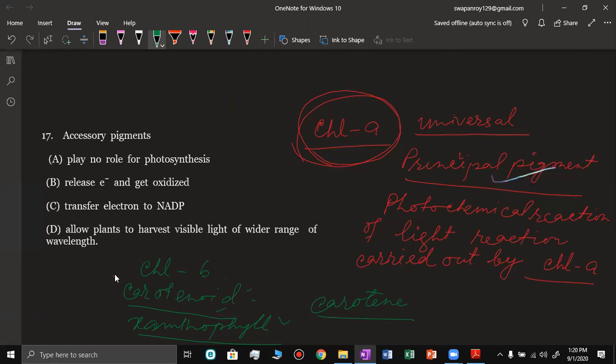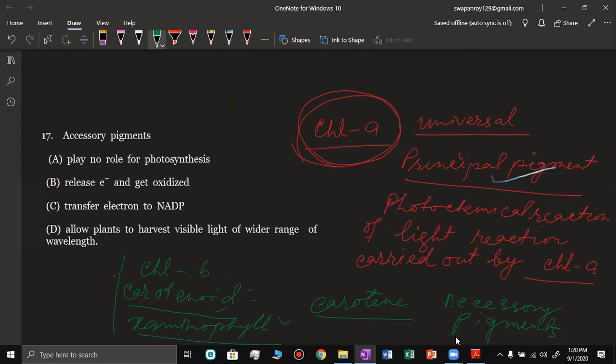Anyway, the carotene and xanthophyll are known as accessory pigments. That is, they help the chlorophyll A molecules.